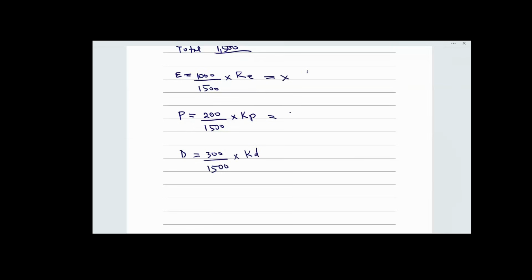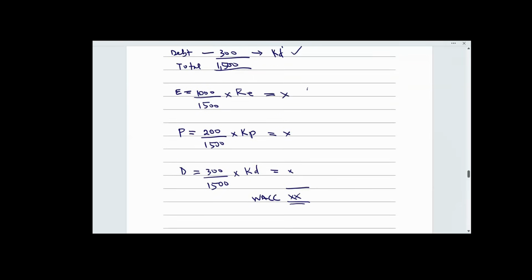I will multiply 200 over 1,500 by the cost of preference share, and 300 divided by 1,500 by the cost of debt. I will then add everything together, and that will give me my weighted average cost of capital.